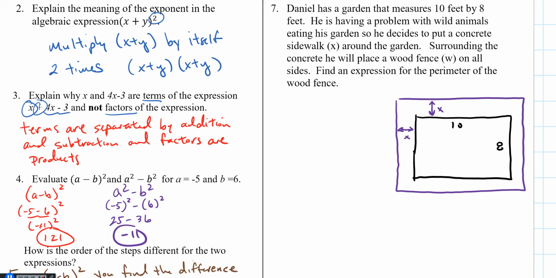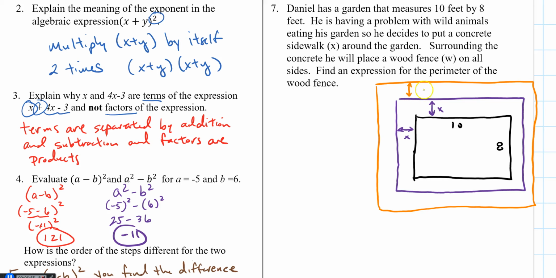And then finally around that, he puts a wood fence. And the wood fence is going to be W and W. So what we need to do is find an expression for the perimeter of that orange shape on the outside.